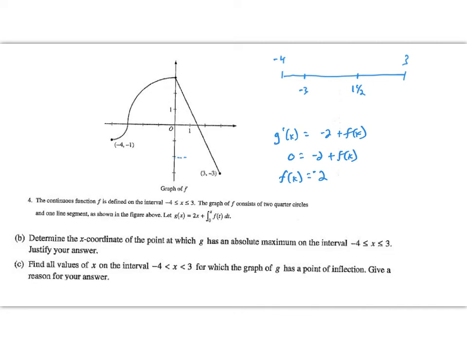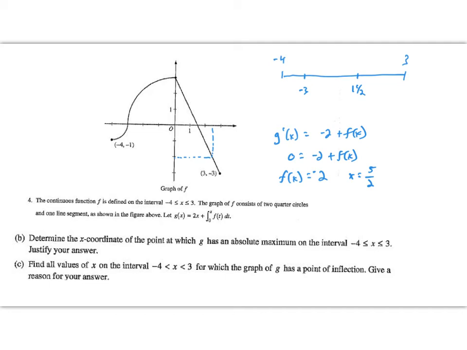Well, here's -2. It's going to occur right there, so it's probably safe to say that that's going to happen at x is equal to 5/2. The reason why we weren't looking so quickly at other places was we had to deal with G here, which had that extra factor of 2x in it when we defined it. So that is going to be our absolute maximum there at x is equal to 5/2.